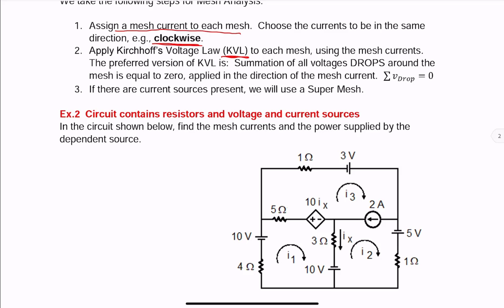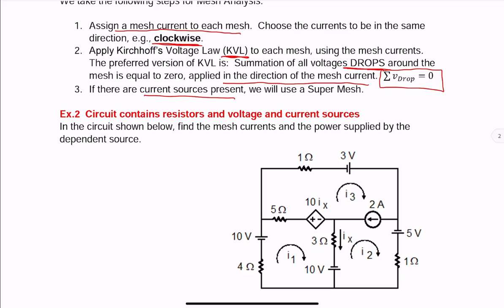The preferred version that I like is to look at the algebraic sum of voltage drops around the mesh equal to 0, applied in the direction of the mesh current. Another thing that we do, if we have current sources present, we use a supermesh.